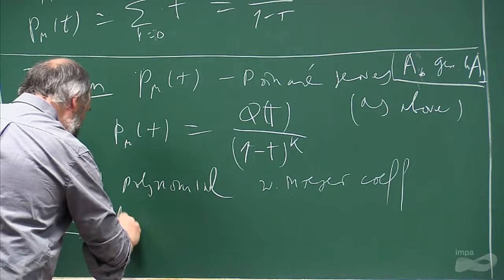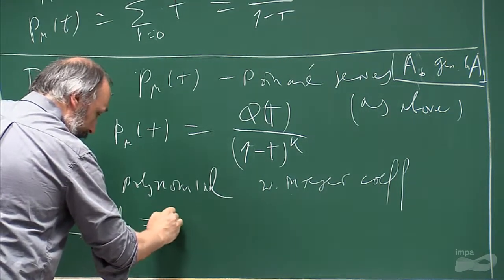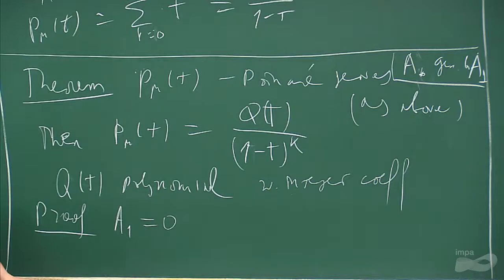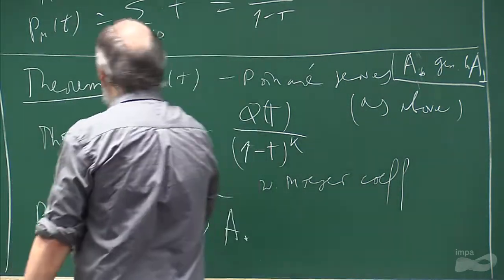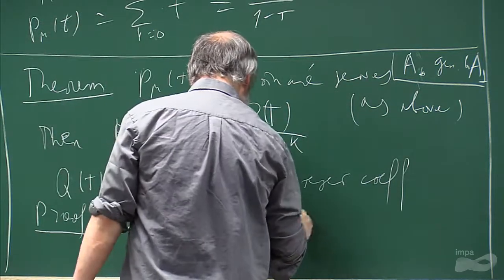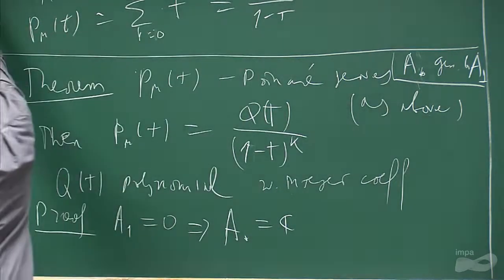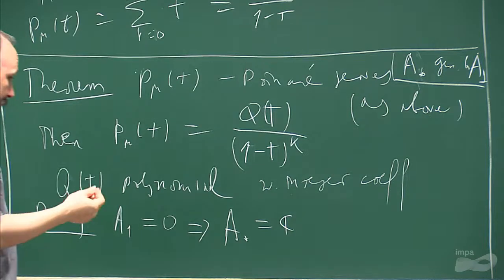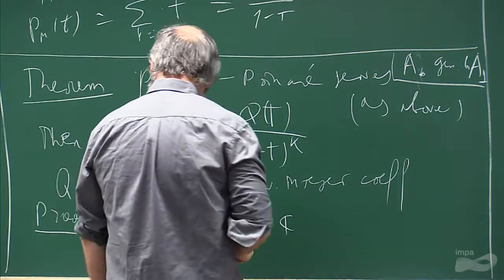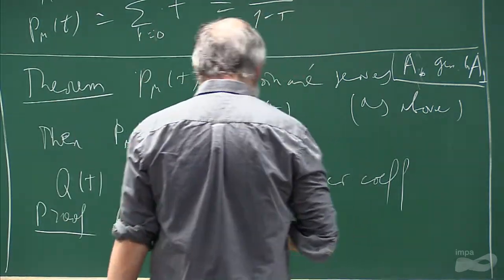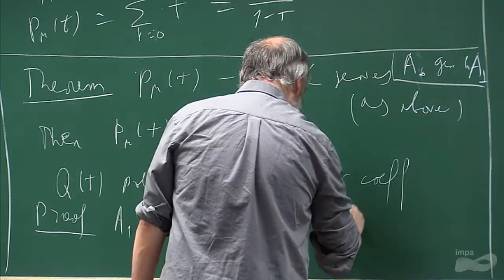Suppose that A_1 is just empty. Then A star, because everything is generated by A_1, is just C. This is our assumption: A_0 is one-dimensional, so it's only the ground field.